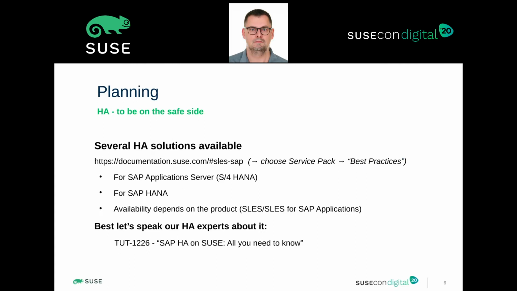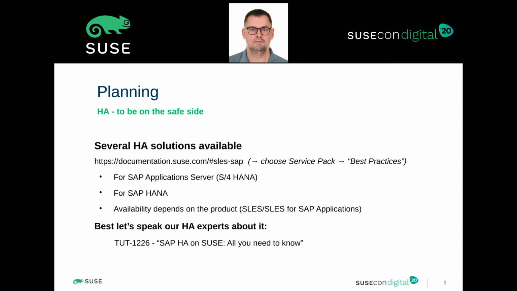SAP software usually contains very valuable information about your company, so naturally you want to have it available 24/7. If we're talking about 24/7, high availability is something you should take into consideration. We, SUSE, have shipped HA solutions for the SAP application server, then also S/4HANA, and for the HANA database for quite some time.